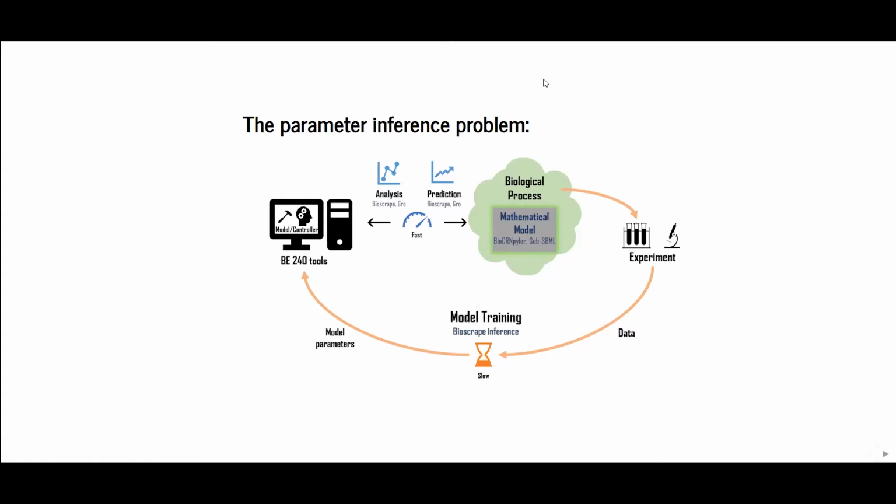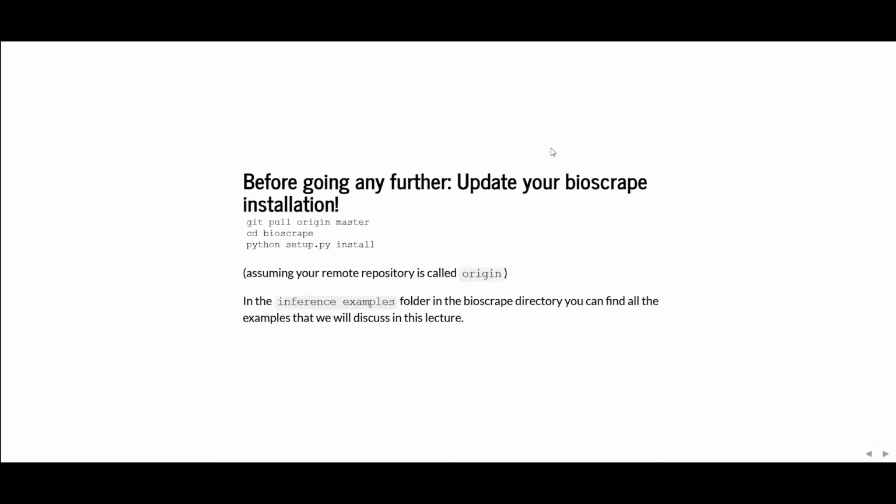So we will learn how to use it with a few Jupyter notebooks that will go through different examples that are commonly encountered when you're running parameter inference. If you want to run along with these notebooks, you can download them from the link I posted. You also need to install Bioscrape. You can get it from GitHub.